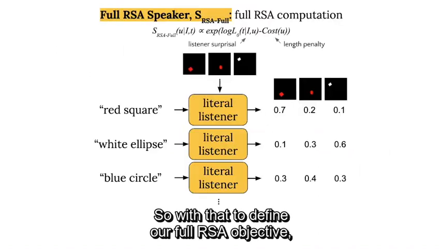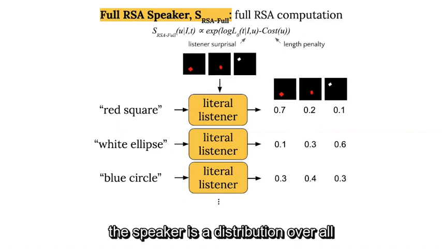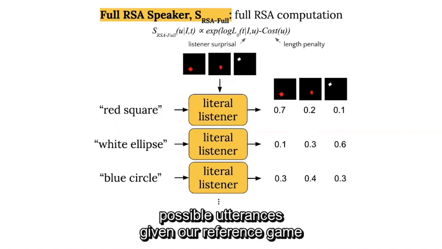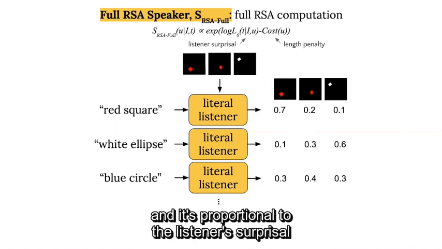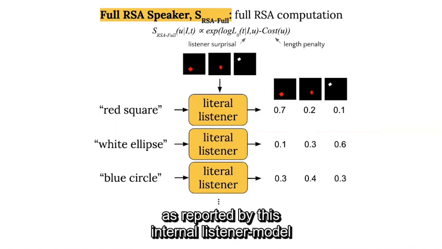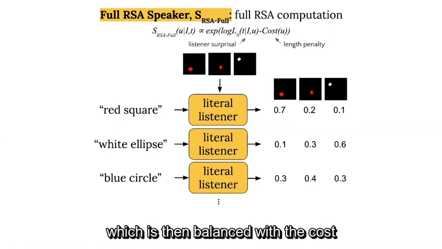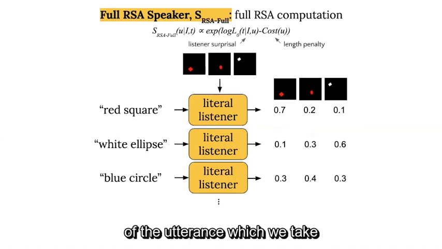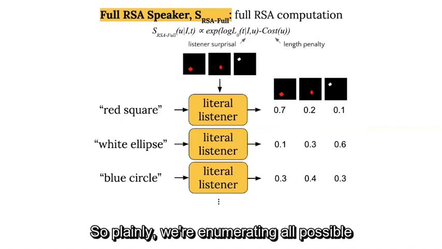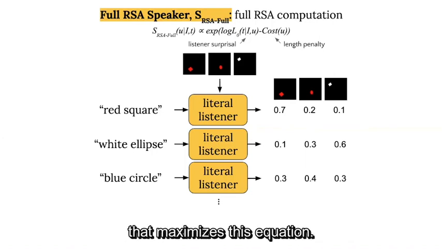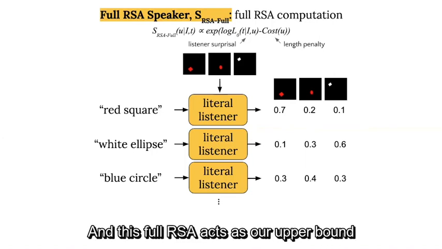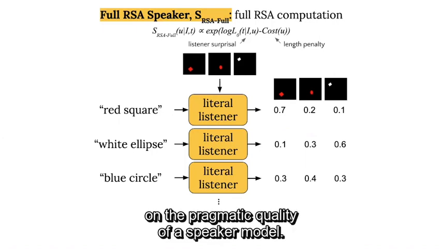So with that, to define our full RSA objective, this speaker is a distribution over all possible utterances given our reference game, and is proportional to the listener's surprisal as reported by this internal listener model, which is then balanced with the cost of the utterance, which we take as a linear length penalty. So plainly, we're enumerating all possible utterances and selecting the one that maximizes this equation. And this full RSA acts as our upper bound on the pragmatic quality of a speaker model.